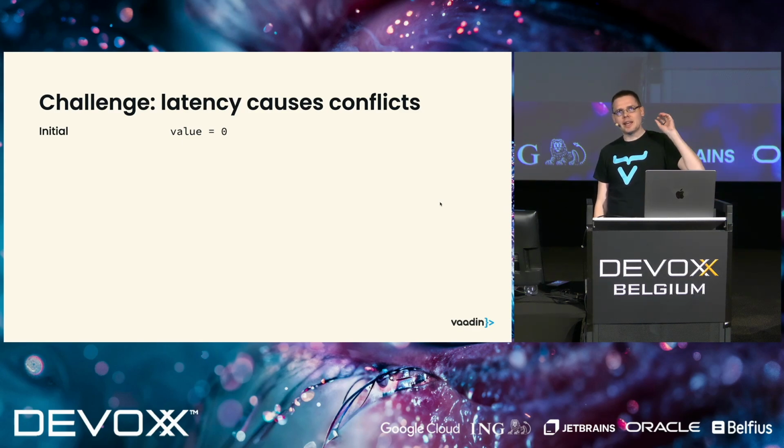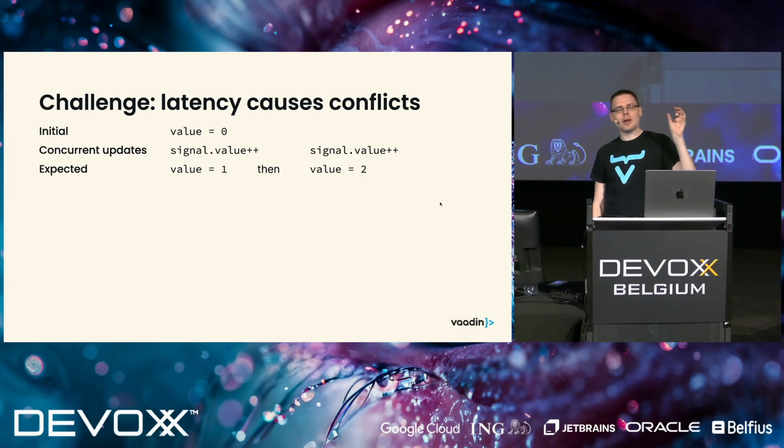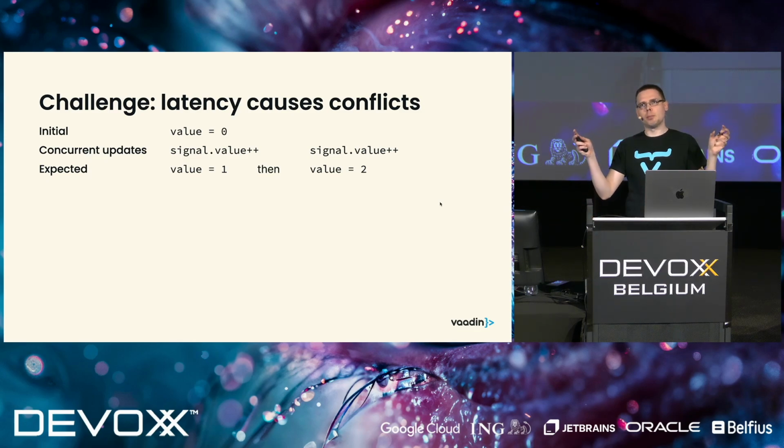So again, taking a simple counterexample, you start with the value being 0, and if we somehow share the value of this signal between many users, because of the network latencies, they don't immediately know about each other. So if at the same time 2 different users do signal.value plus plus, what we expect to happen is that, well, 2 increments have happened, so we go from 0 to 1 to 2.